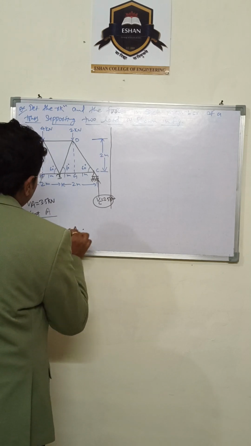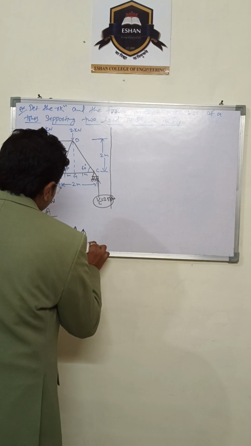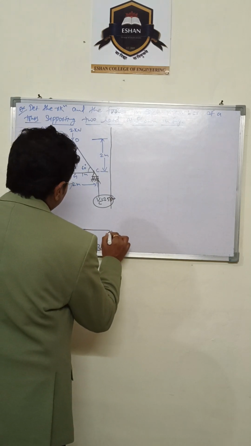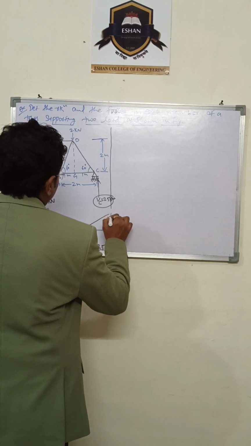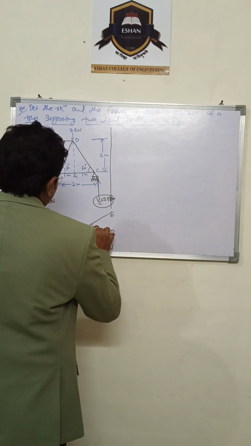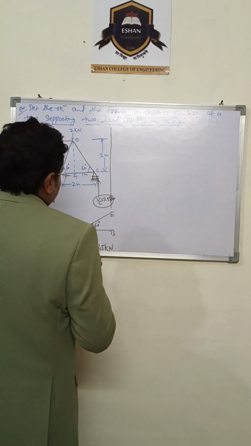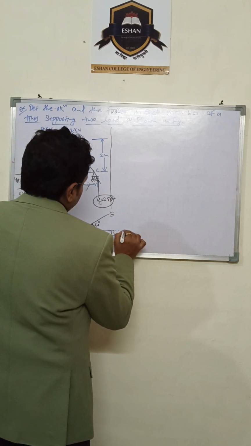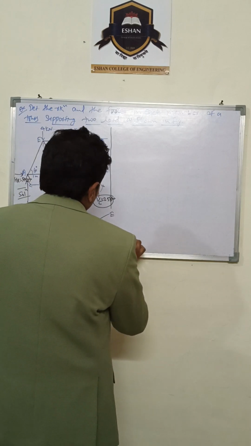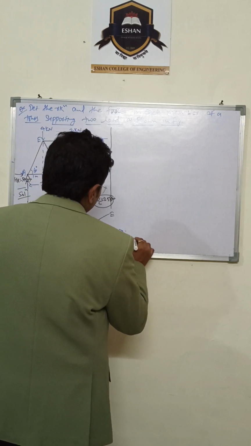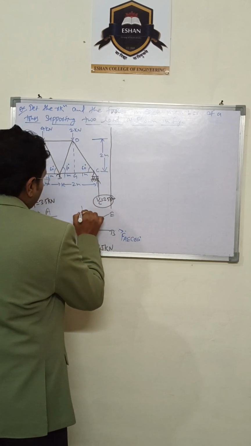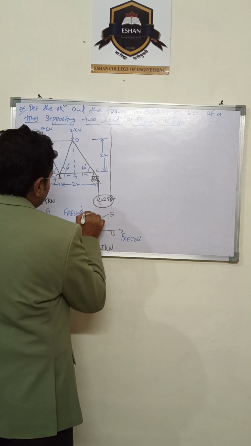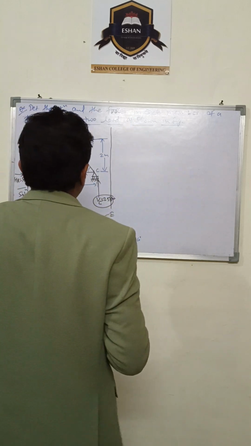At A, the vertical reaction is VA equal to 3.5 kilonewton, and the members are AB and the inclined member AE. The angle given is 60 degrees. Since AE is the inclined member, two components will be generated: the horizontal component FAE cos 60 degree and the vertical component FAE sin 60 degree.